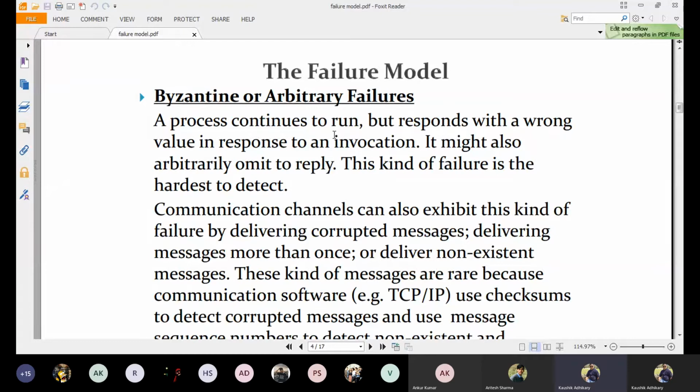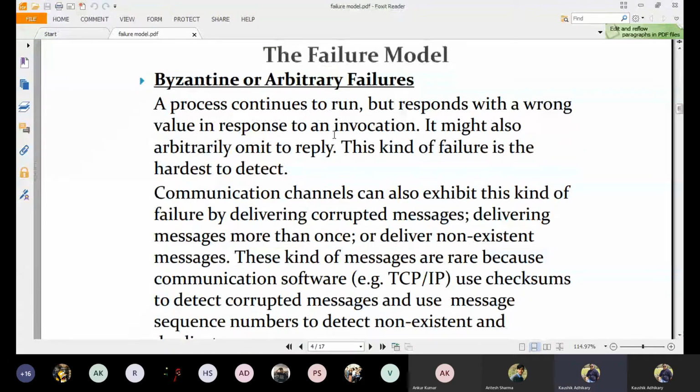It might also arbitrarily omit to reply. Means if it receives many messages, it may fail to reply. This kind of failure is hardest to detect.